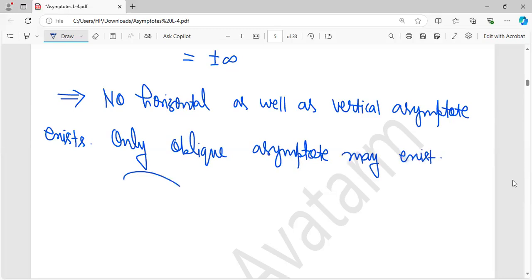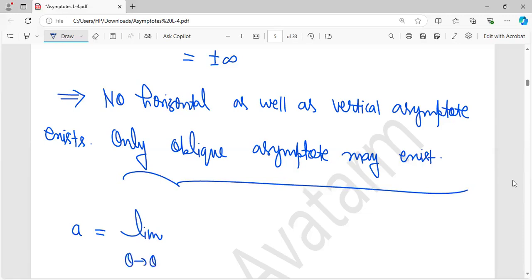So how to calculate the oblique asymptote in this case? To calculate this limit, a is equal to the limit as theta tends to theta n. Because this limit depends on n, I will write n here.